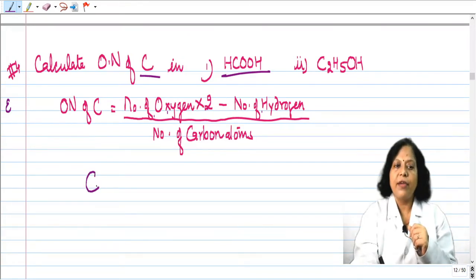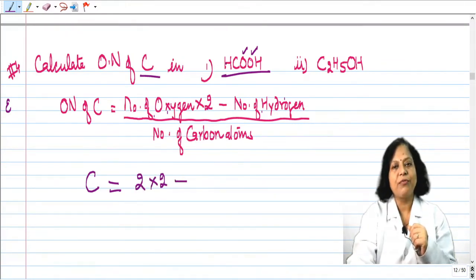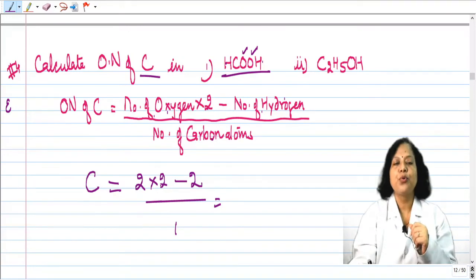What is the number of oxygen? 2, so we multiply by 2. Number of hydrogens are 1 plus 1, so it is 2, and number of carbon is 1. 2 twos are 4, 4 - 2 is 2 by 1. So in this, the oxidation state is +2.